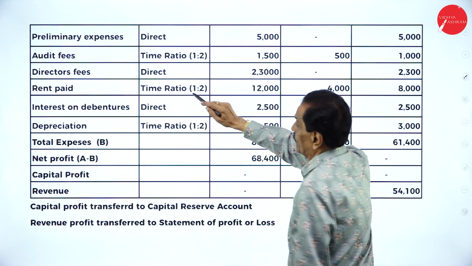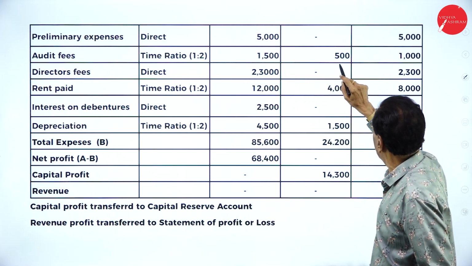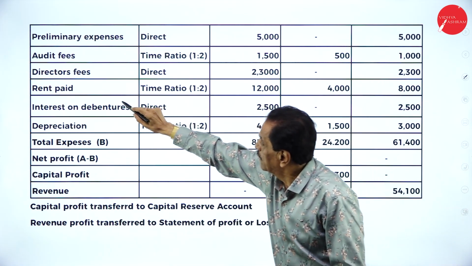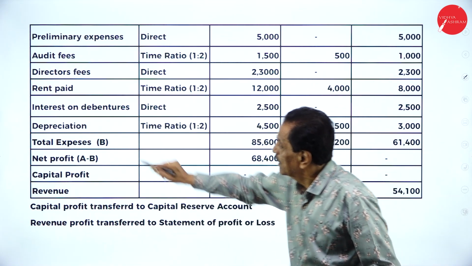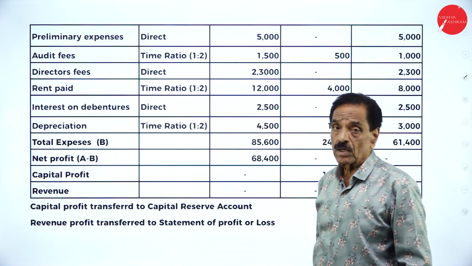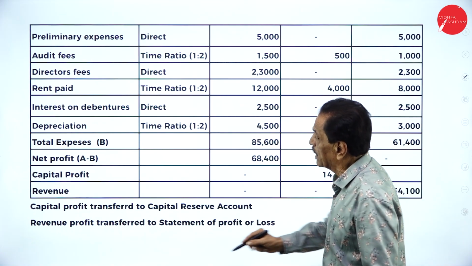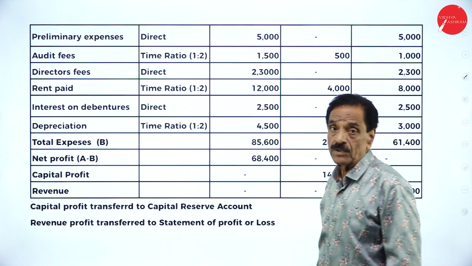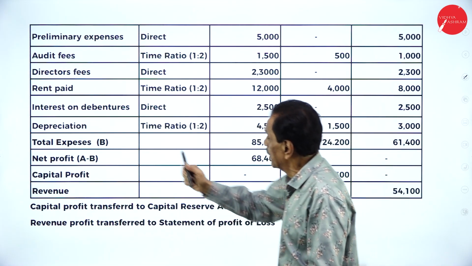Then audit fees based on time ratio 1:2. 1,500, 500, 1,000. Director fees direct, 2,300, 2,000. Then rent paid based on time ratio 1:2. 12,000, 4,000, 8,000. Interest on debenture direct, 2,500, 2,500.